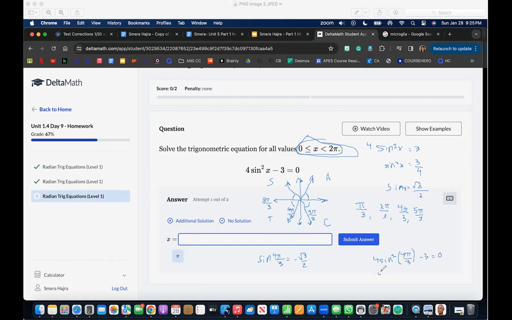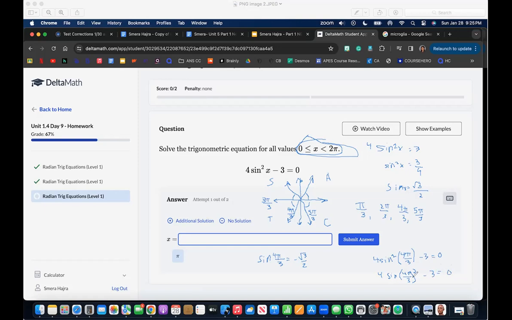So 4, then we have sine of this angle, and that's squared. Note that the notation here, with the squared on the outside, means the same thing as this, which I think you know. We're going to see if that's equal to 0.